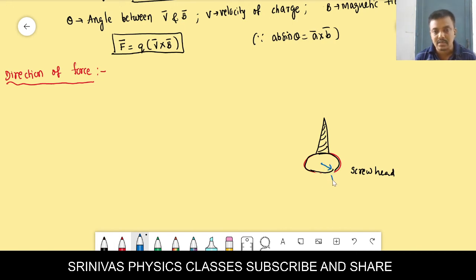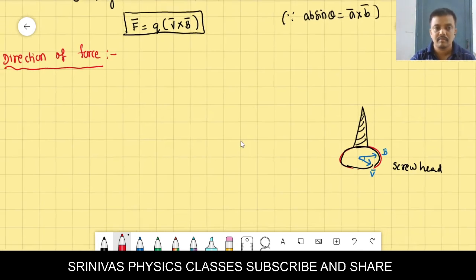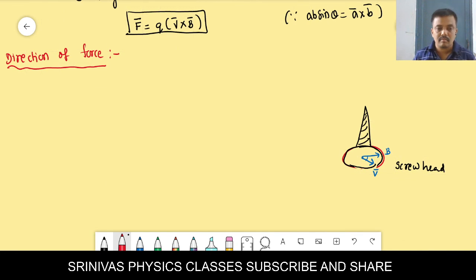One is the velocity vector, and the other one is the magnetic field. There is an angle between them that we can take as theta. Theta is the angle between V and B.